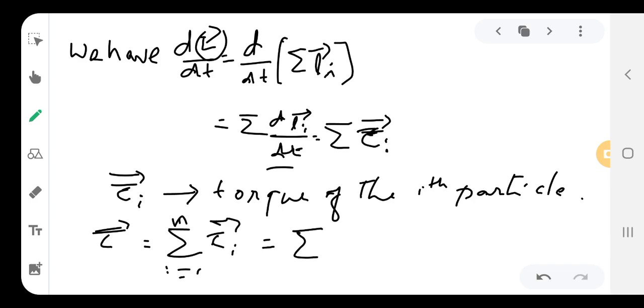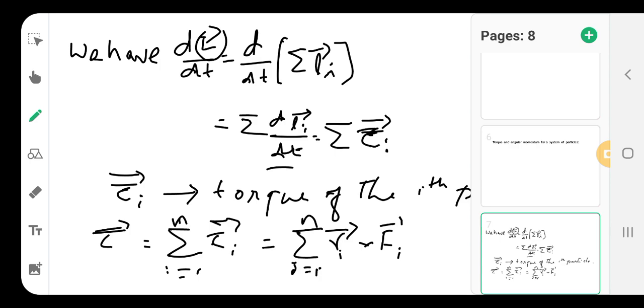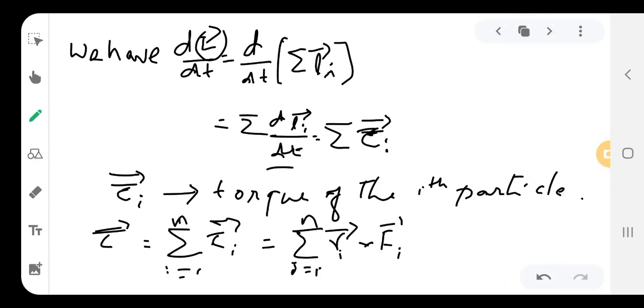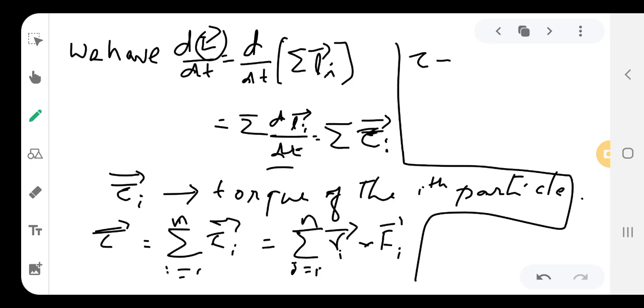This we can write in terms of position vector and force: the summation over i of ri cross Fi vector. Here the torque will split into two, one internal and one external. So I will write the torque is split into torque external plus torque internal.